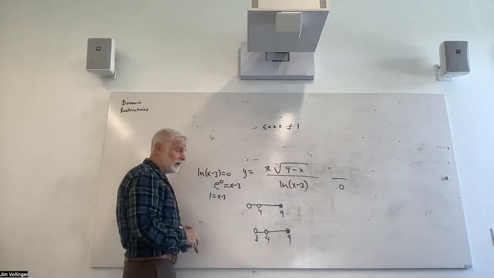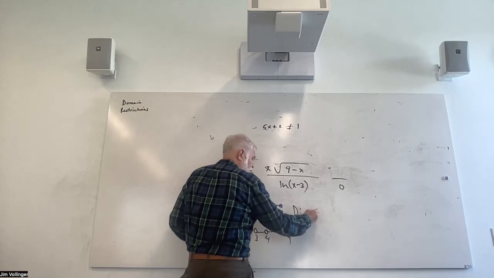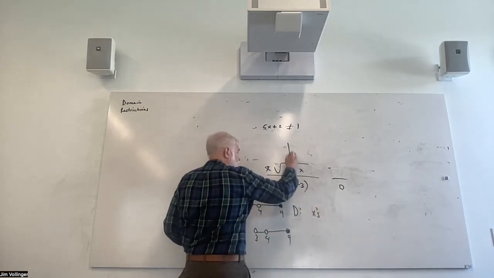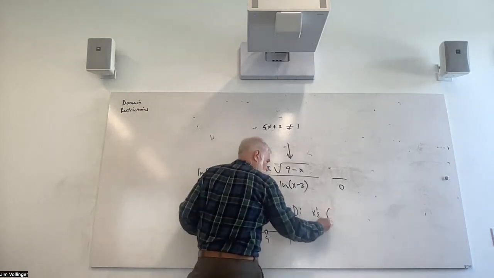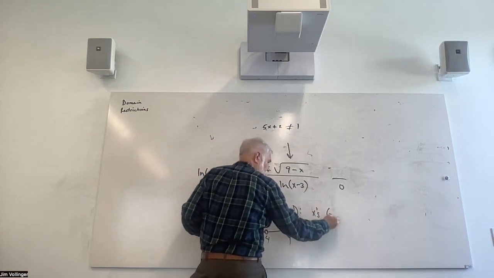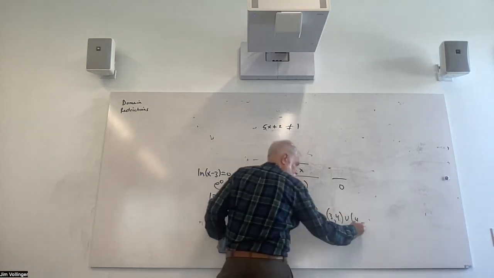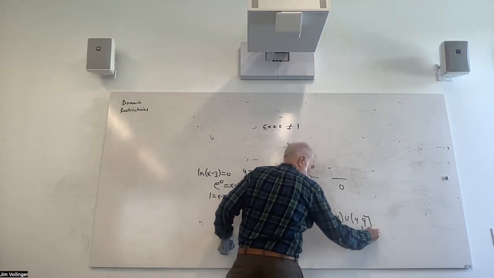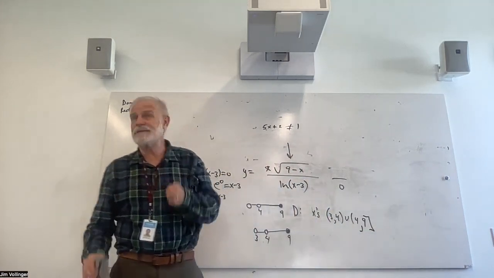Looks like interval notation is the best way to write domain. So the domain is your x's, which are the numbers you can plug into this equation. And the ones you better plug in had better not be 3. Had better not be 4. But 9's okay. Those are the numbers you can use in this calculation, nothing else.